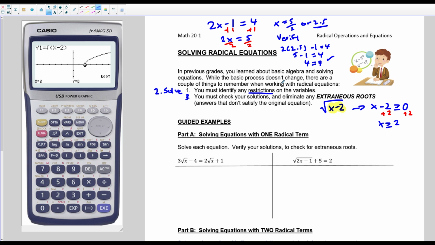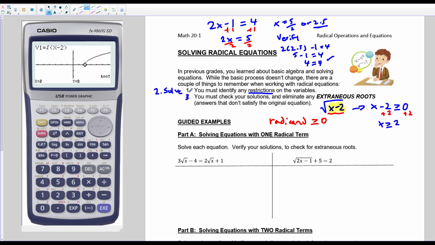So to summarize, whatever our radicand is, and remember this is the stuff underneath the radical sign, your radicand essentially just has to be greater than or equal to 0 when it comes to looking for your restrictions.